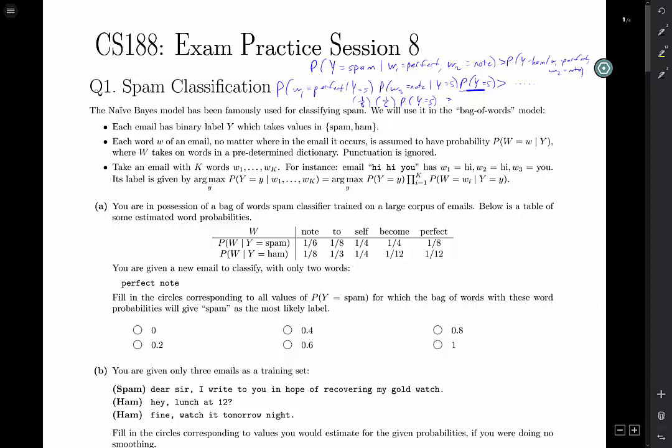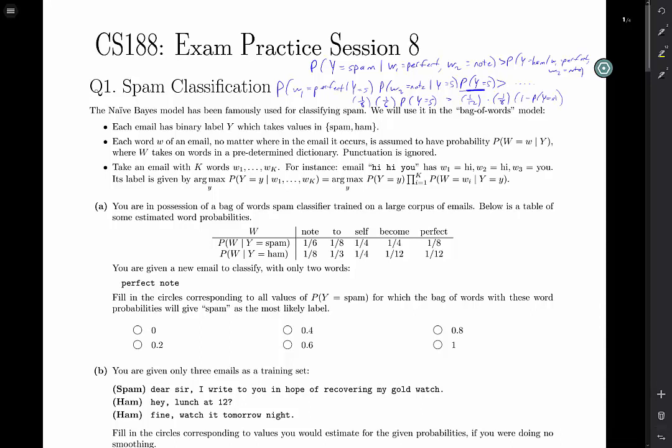And when is this greater than probability w1 equals perfect given y equals ham, which is 1 over 12, times probability w2 equals note given y equals ham, which is 1 over 8. And the probability that y equals ham is 1 minus the probability that y equals spam.